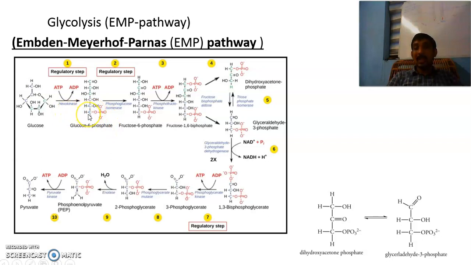So glucose is converted into glucose 6-phosphate. Here we need an enzyme to attach the phosphate on the 6th carbon atom. Normally, addition of phosphate is known as phosphorylation. The process of adding phosphate is called phosphorylation.